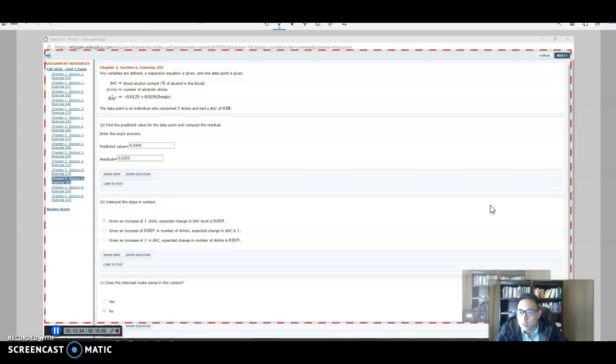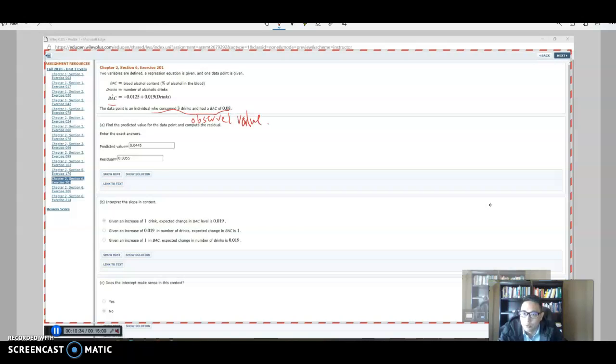So the BAC regression line is given, where the response variable is BAC, and it depends on the number of drinks. The data point they're giving you is an actual or observed value. Anytime they give you a value, it is an observed or actual value.